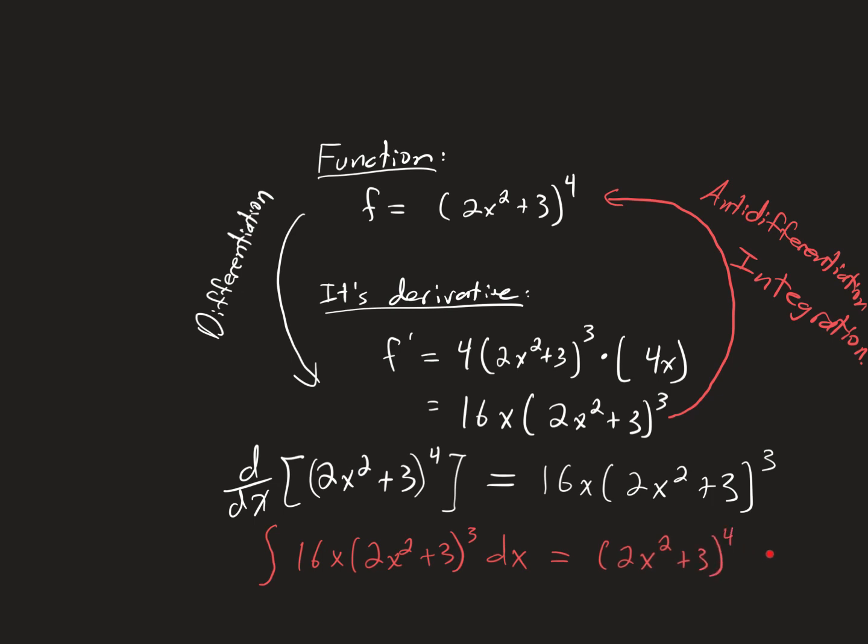One extra consideration when you take an antiderivative is you have to add on plus c at the end, because if you did take the derivative of this function, the derivative of a constant disappears in that process. So we call this plus c the constant of integration.